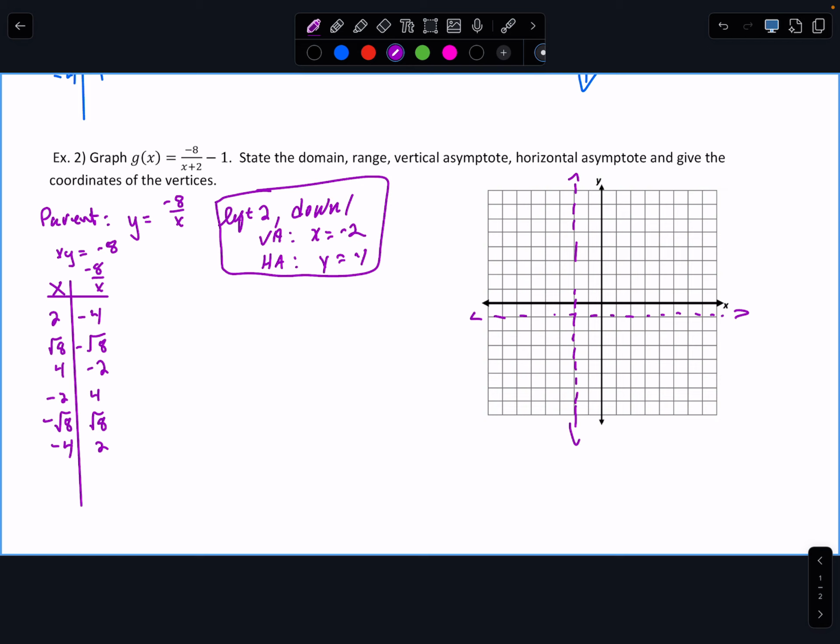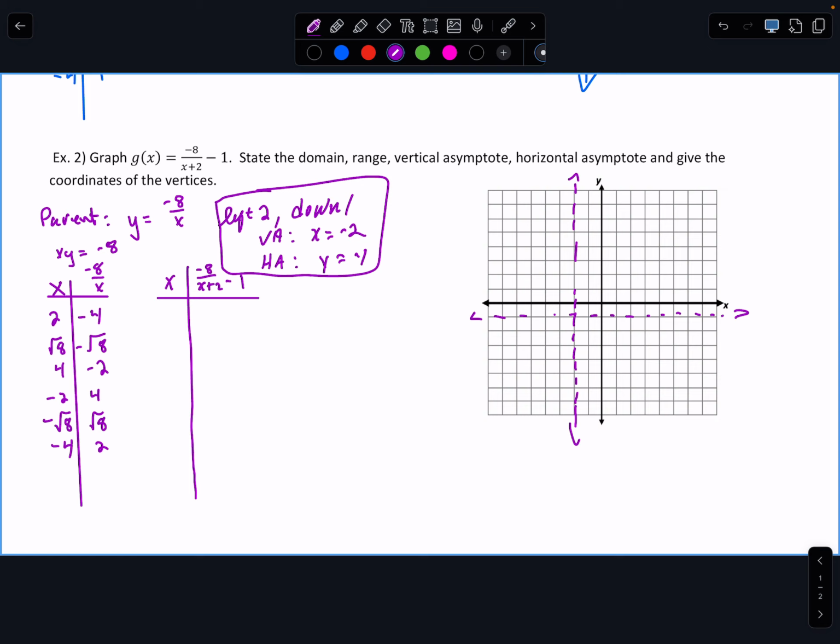Now these are points on the parent function. I want to get the points after the translation. And so that's getting points on that final graph of negative 8 over x plus 2 minus 1. And what I want to see is when you go left 2, you should know you're subtracting 2 from all your x values.